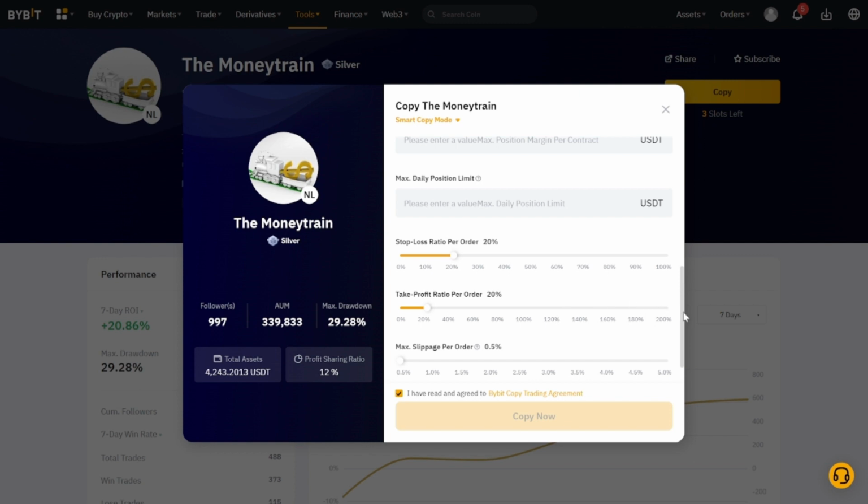Since you have set this, you want the system to close your trade if you lose 20%, and you want to take profit when you make 20% return on investment.